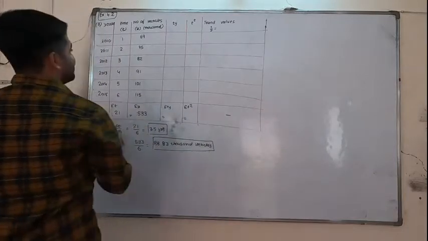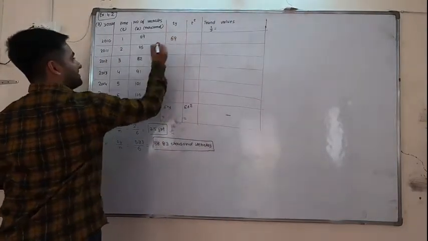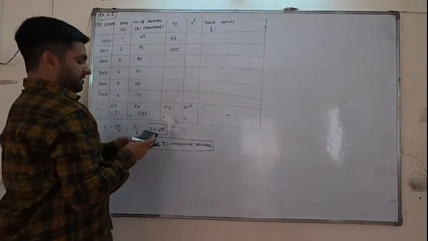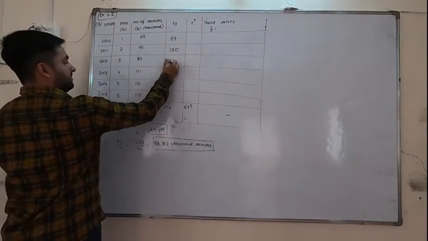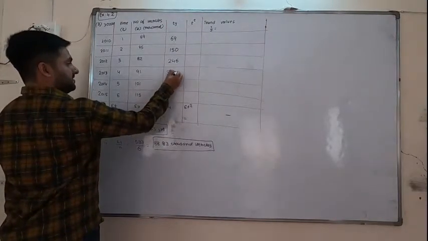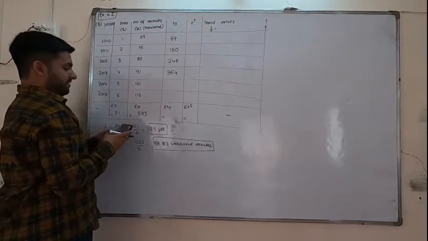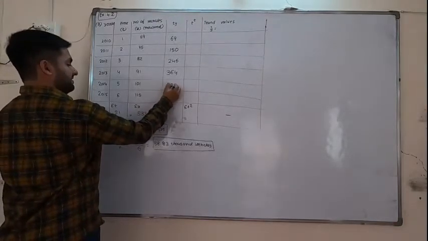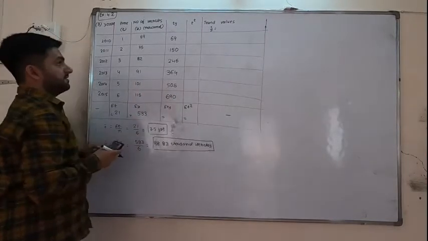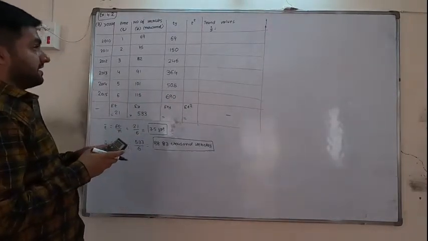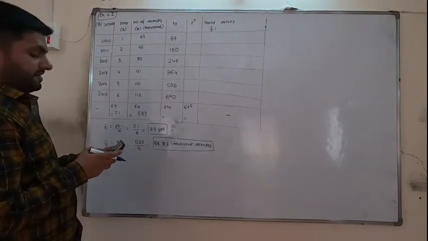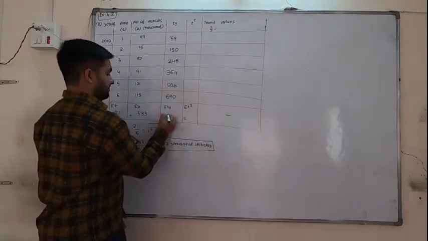First we have to do this. 69 ones are 69, 75 twos are 150, 82 into 3 is 246, 91 into 4 is 364, 101 into 5 is 505, 115 into 6 is 690. So 69, 150, 246, 364, 505, 690.